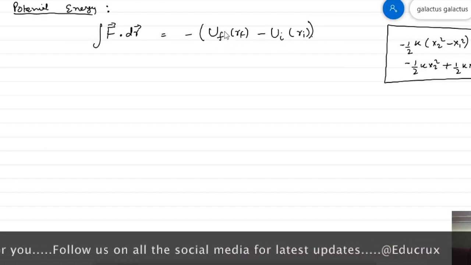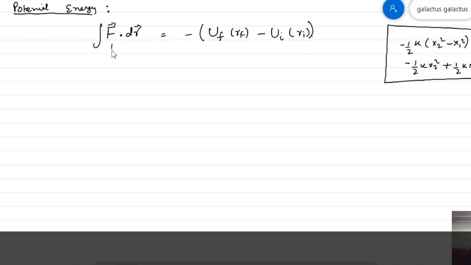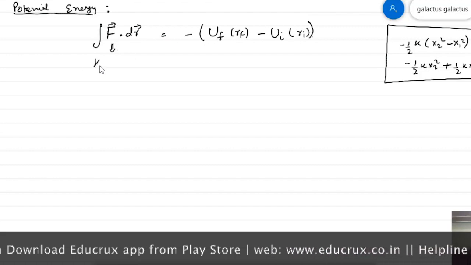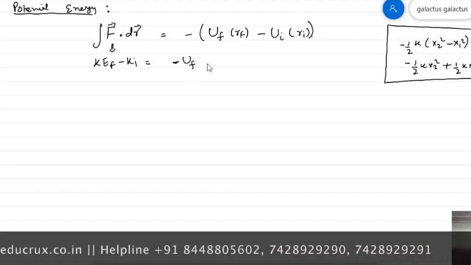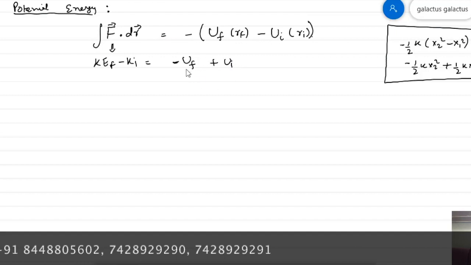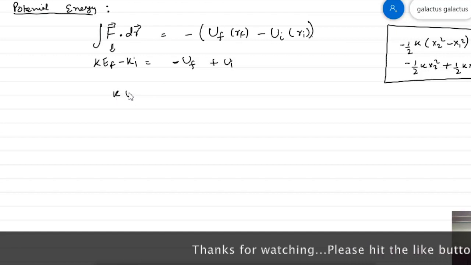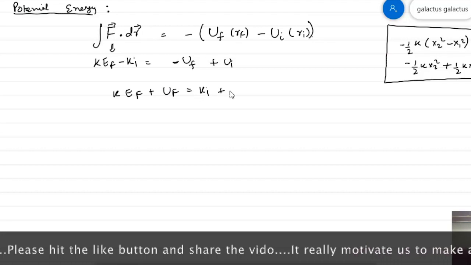So I can define a function U that has a special name. It is the potential energy of the system. From the work energy theorem we know that work done is also equal to the change in the kinetic energy. So if this is equal to minus Uf plus Ui, and I take Uf to the left side, then I get Kf plus Uf is equal to Ki plus Ui.